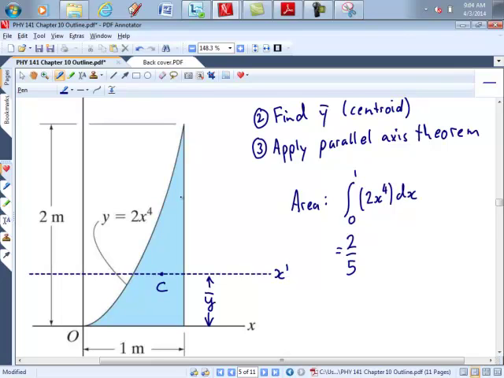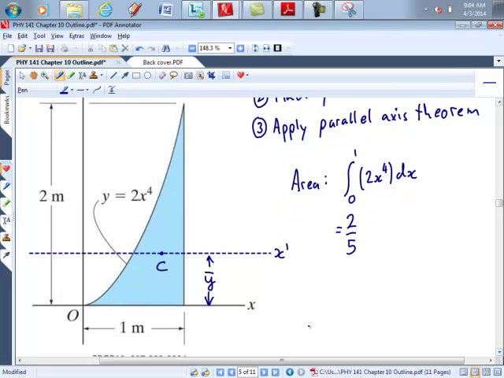Okay, so if our area is 2/5, then we need to find our y bar. So how are we going to find the y bar? Integral of y dA over A. Okay, to find y bar, is it going to be easier to integrate with respect to x or y?